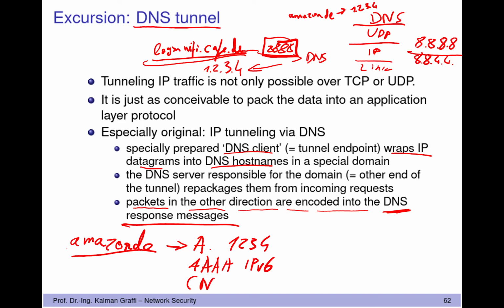Then you have a CNAME, canonical name, that tells alternative names, such as www.amazon, linking to some other name, so these are equal. Then you have a text field, which sometimes is mandatory to fill out so that you can verify that you are allowed to send emails. You have to put in some kind of authentication info. Then the MX record for message exchange gives the corresponding mail server's address.